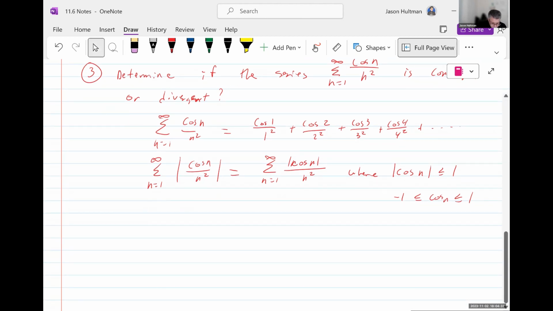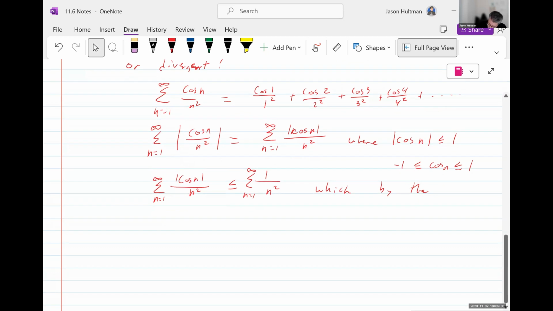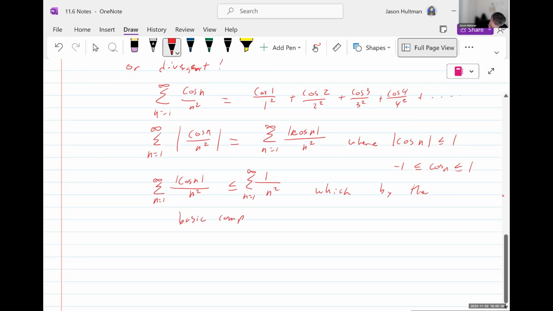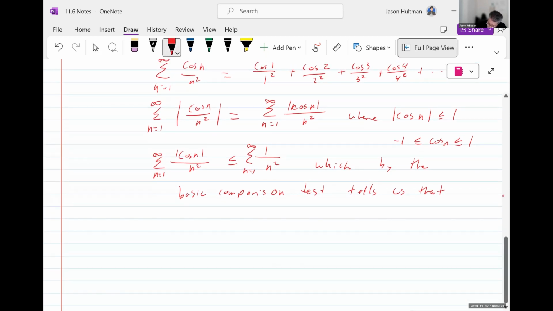So how does that help me? Well, now I know that all these values of cosine on the top are less than or equal to 1 over n squared, which by the basic comparison test tells us that this thing is convergent.